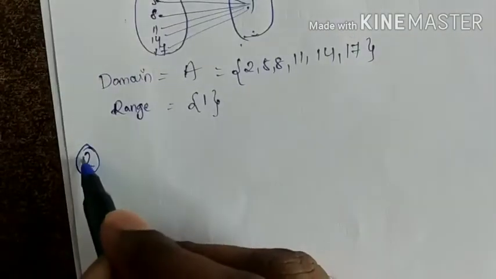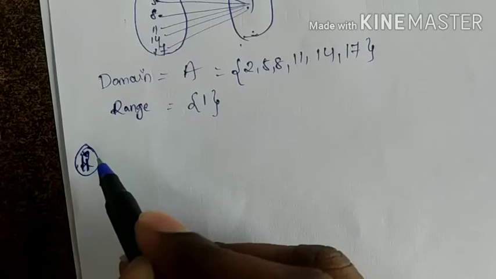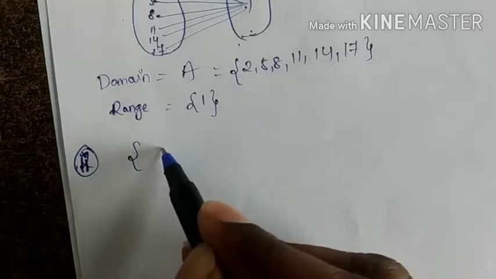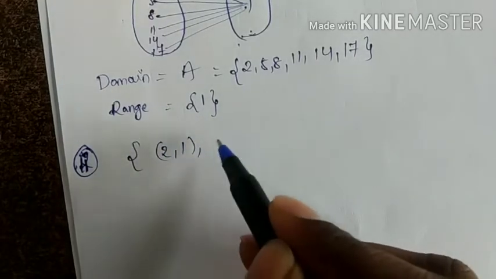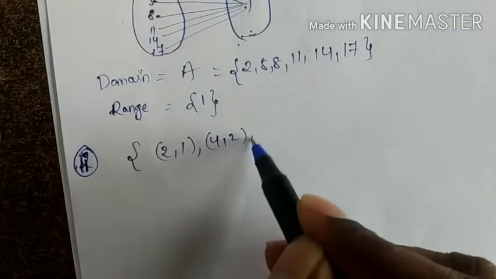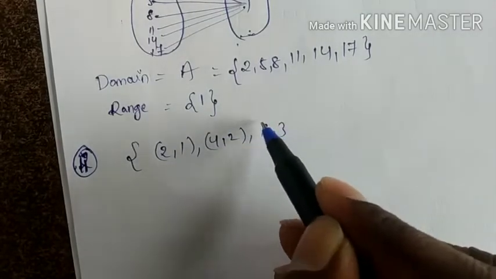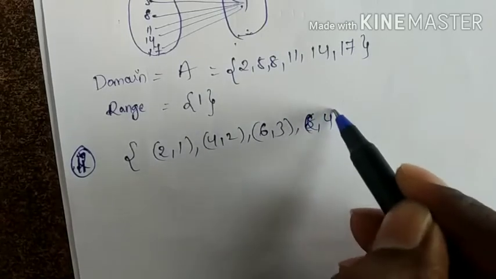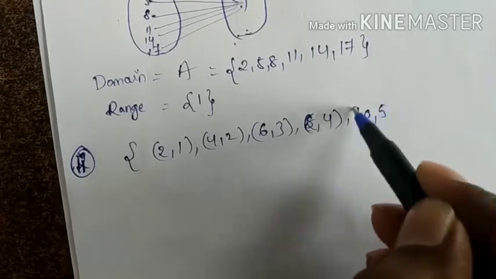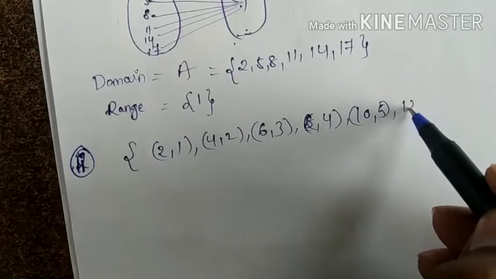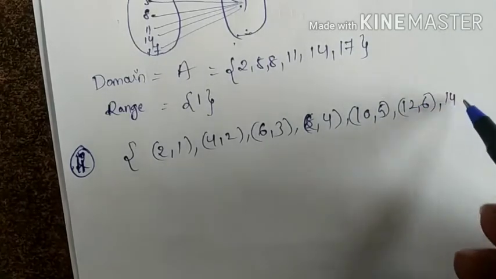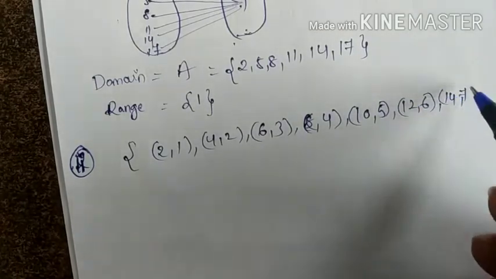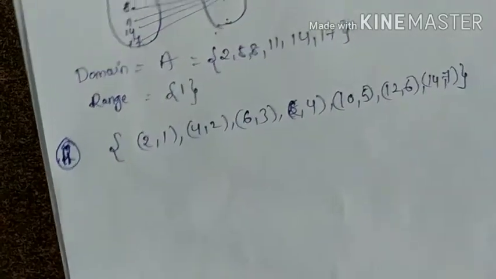So the second one is given, that is (2,1) and (4,2), (6,3), (8,4), (10,5) and (12,6), (14,7). These are the ordered pairs in this relation.